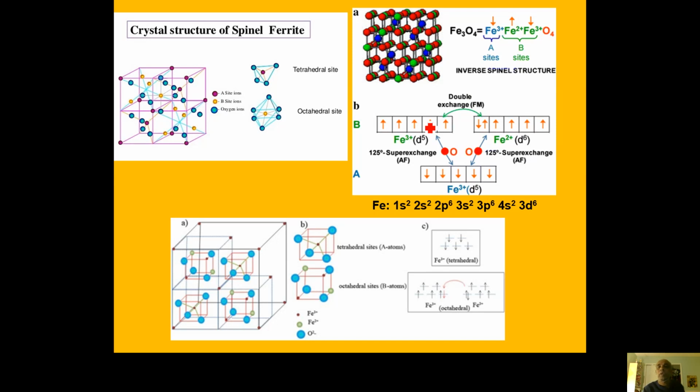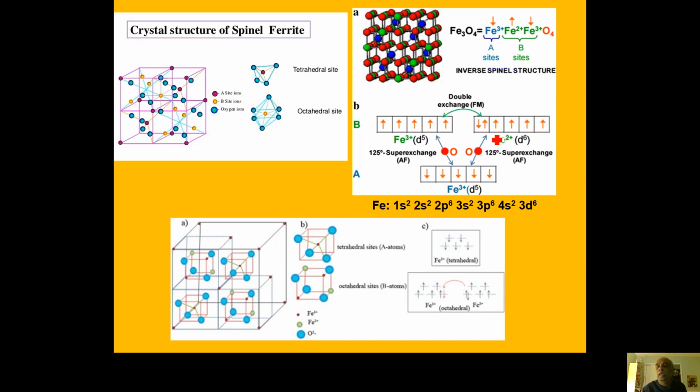Now for the exchange interaction, you will have the direct exchange between these two ions, because this has only 5, this has 6, so this spin can interact with this one. That's the direct exchange interaction. Or these d5 and d6 spins can interact with this other Fe3+ that is in another sublattice, right?